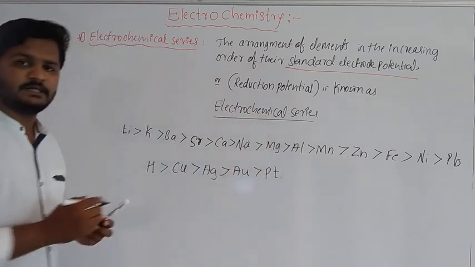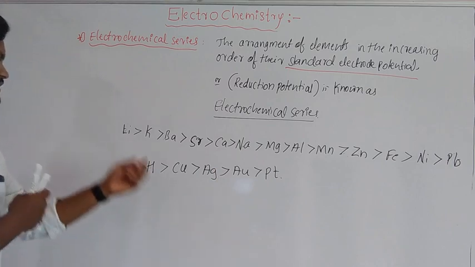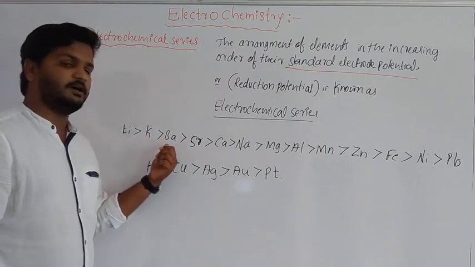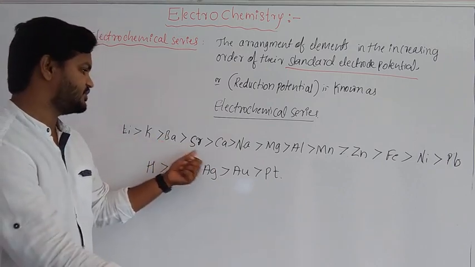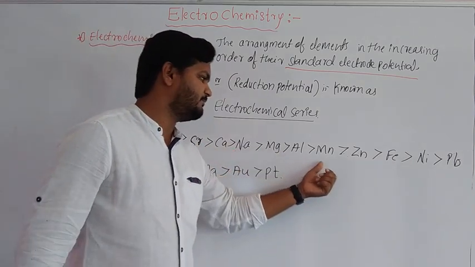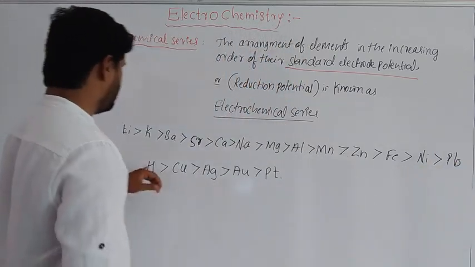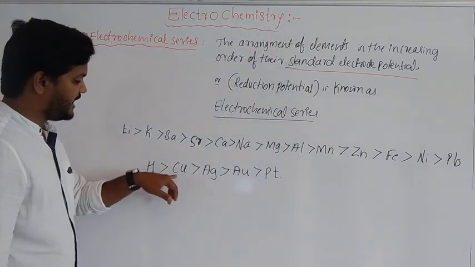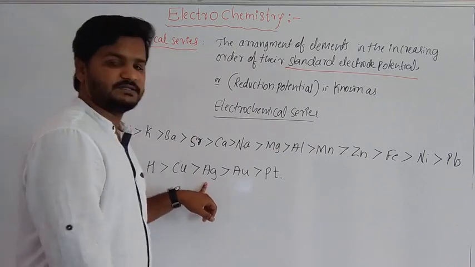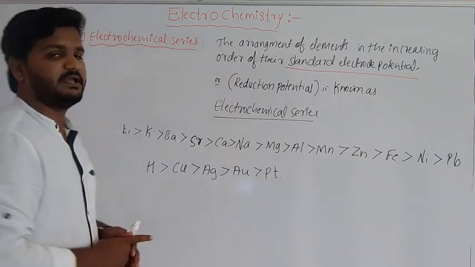So students, this is the electrochemical series. Lithium is more reactive than potassium, more reactive than barium, strontium, calcium, sodium, magnesium, aluminium, manganese, zinc, iron, nickel, lead, hydrogen, and more reactive than copper, silver, gold, and platinum. So this is the electrochemical series.